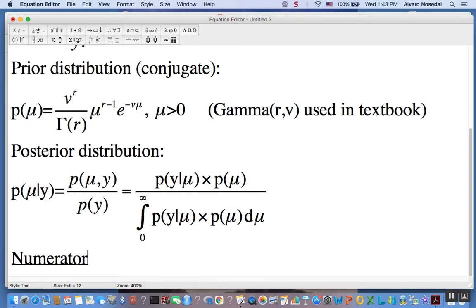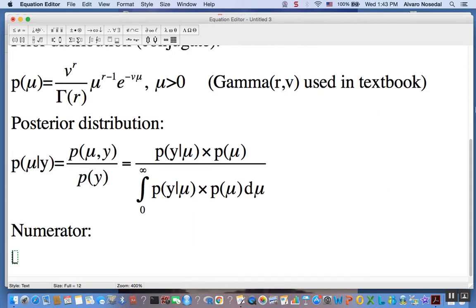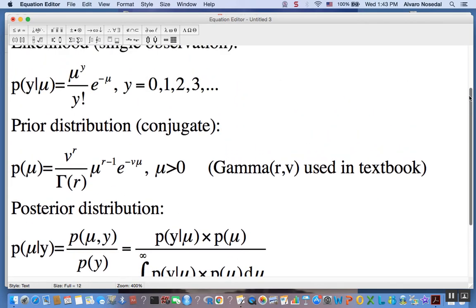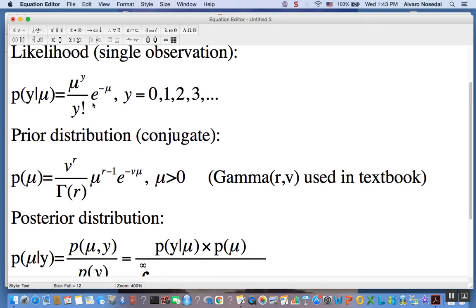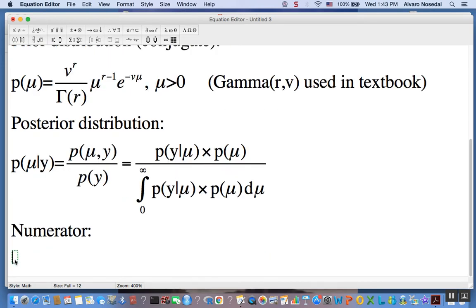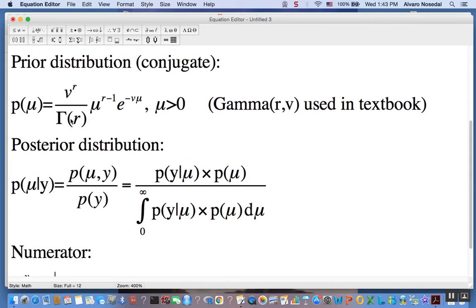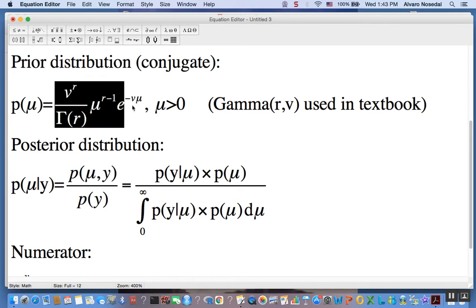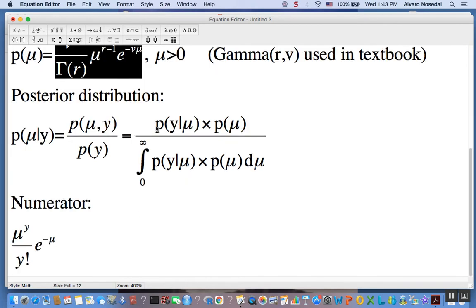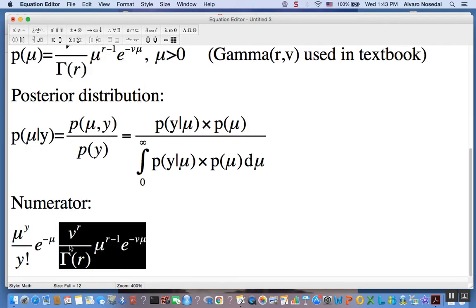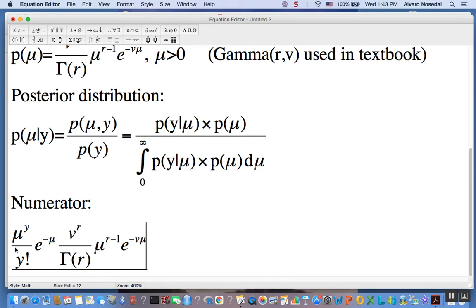Numerator is going to be this times our prior. Okay?